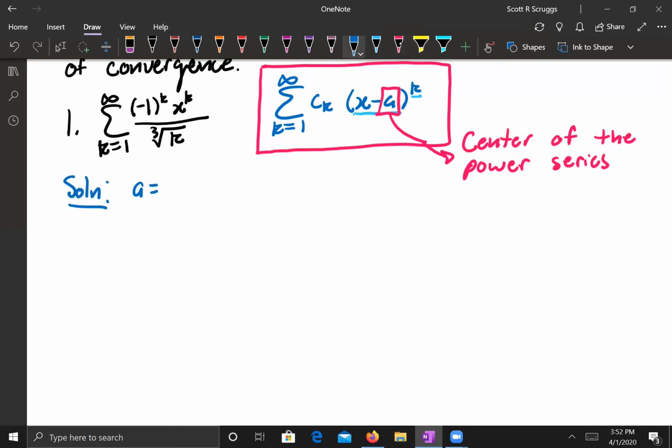And so in this case, in problem 1, because I just have x raised to the k, I can rewrite that as x minus 0 raised to the kth power. Which means in this problem, my power series is centered at 0.